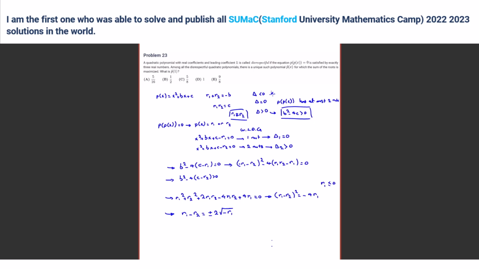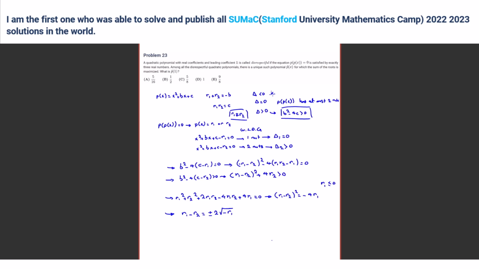Reject minus. Why? Because R1 is greater than R2. Why is R1 greater than R2? Because by the second inequality, b squared minus 4 times c minus r2 is greater than 0. Doing the same, it would be R1 minus R2 whole squared plus 4R2 is positive.